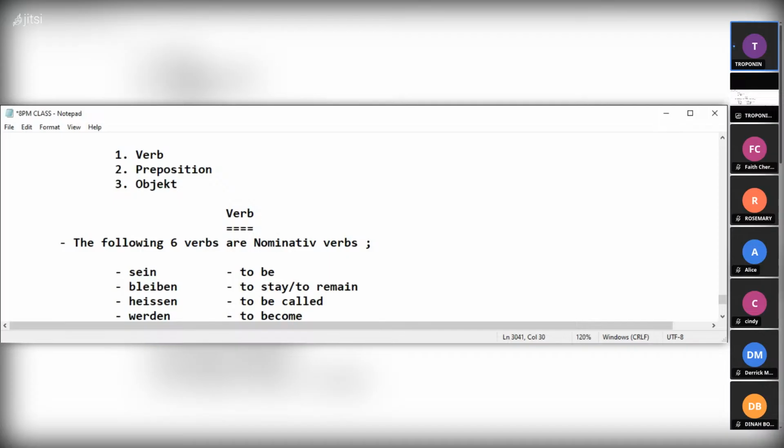So that is a house. He is called Derek. Sie wird 18.